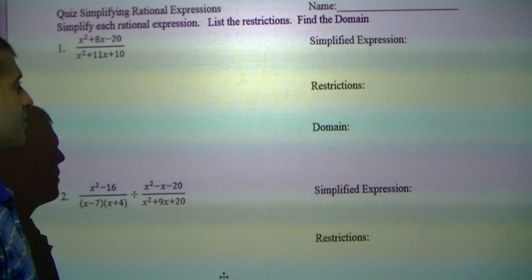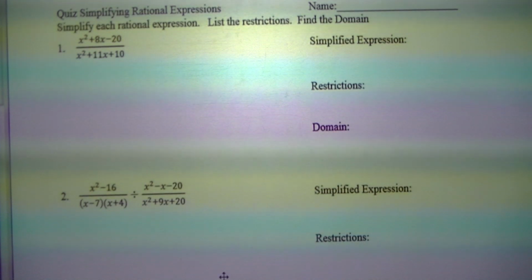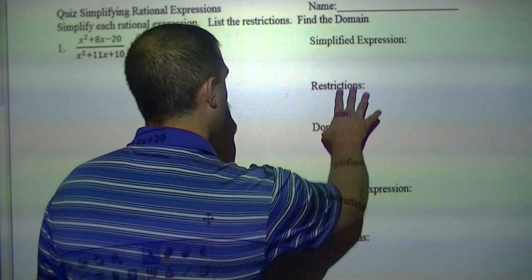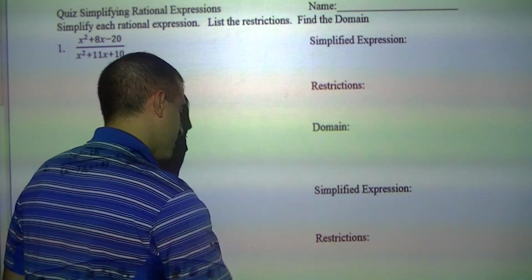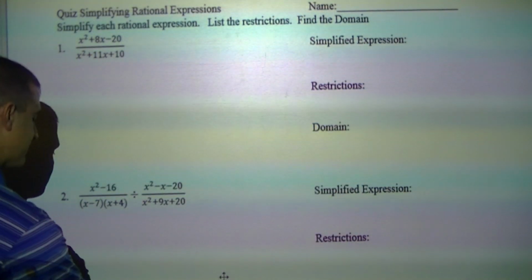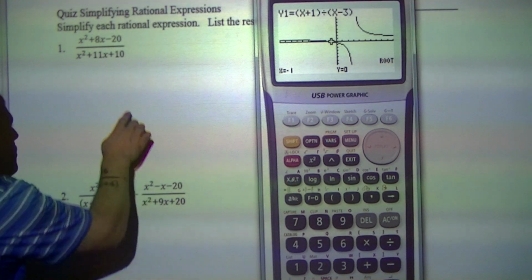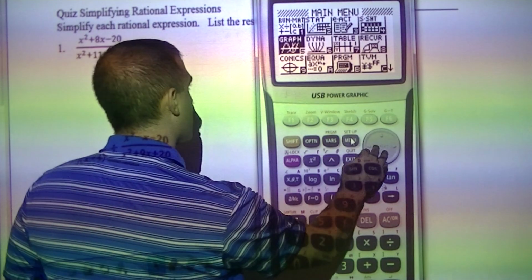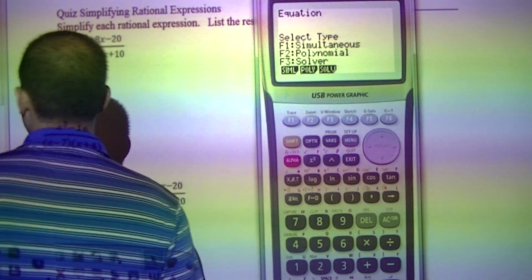Let me hop over to the other rationals ones. Let me hop to this one. What you have to do on this is, I told you to find the restrictions in the domain, and I want to go over that. What you need to do first here is factor and reduce. So if you need to, go to menu, go to equa.